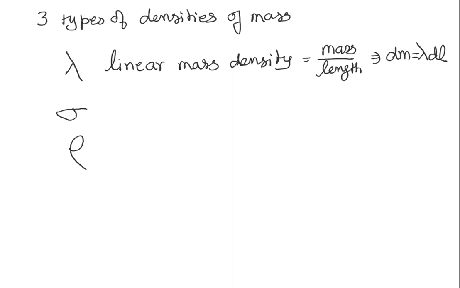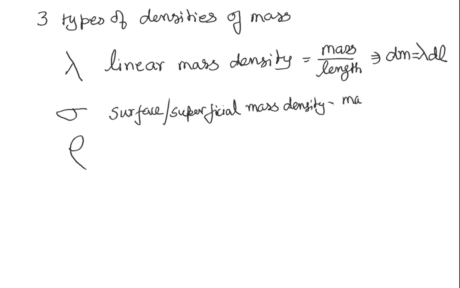Good. So this is called the surface mass density. Sometimes people like to call it superficial, but I don't think I will ever use the word superficial. So surface mass density, and this is equal to mass upon area.